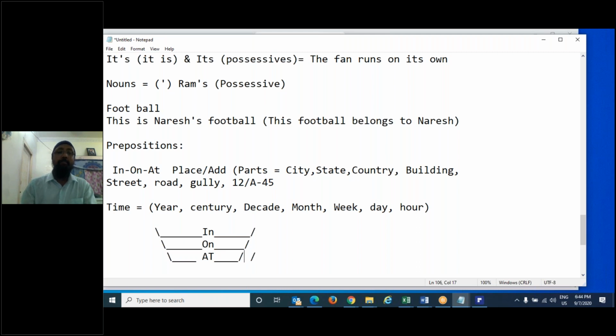So what do you see? Which of these prepositions is occupying much place or more place?